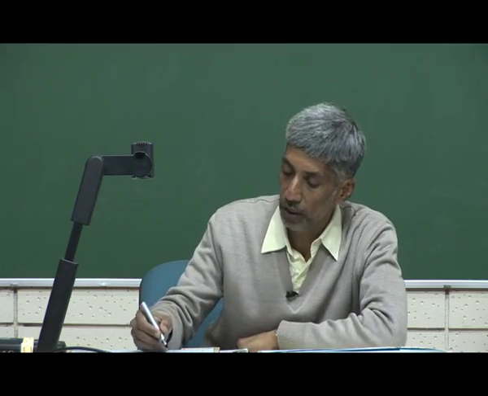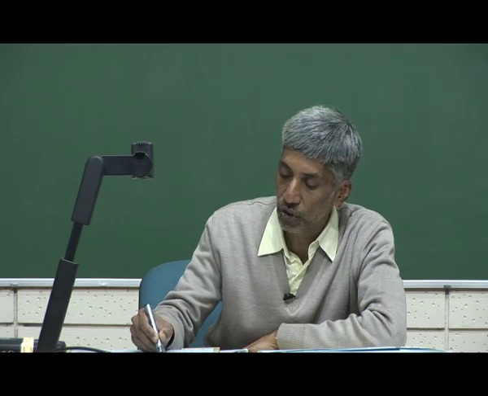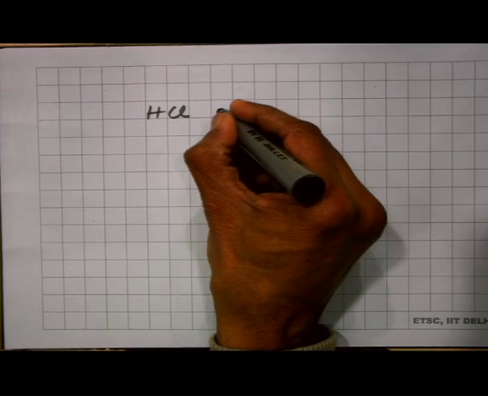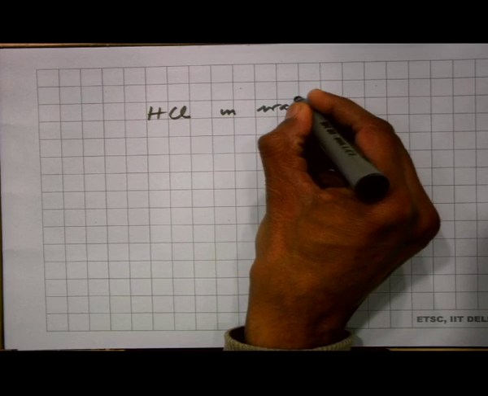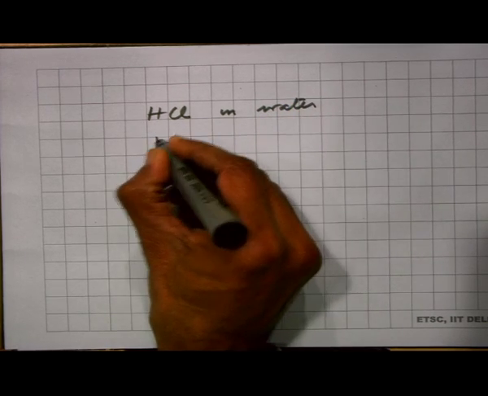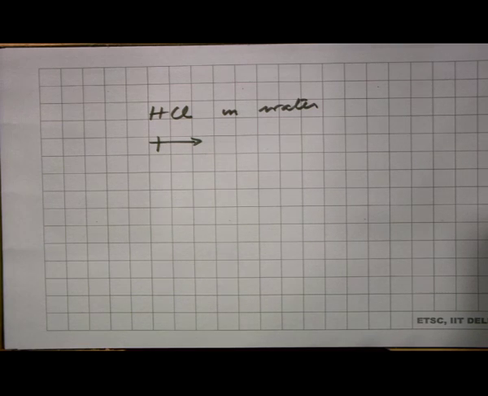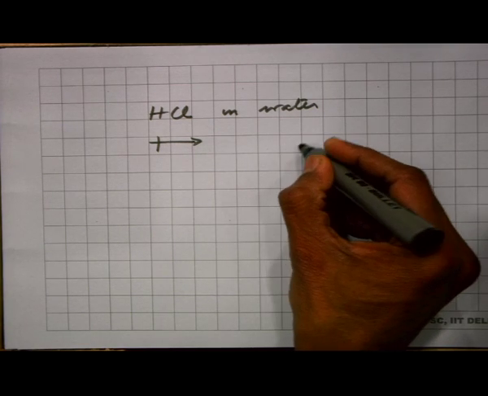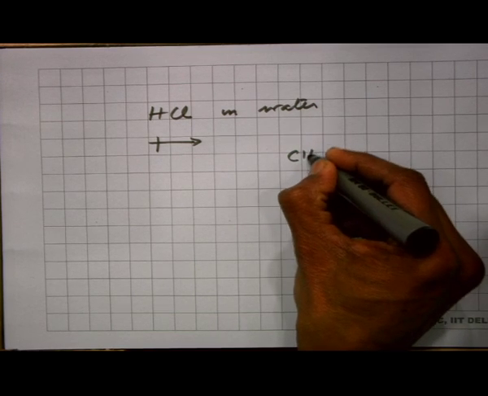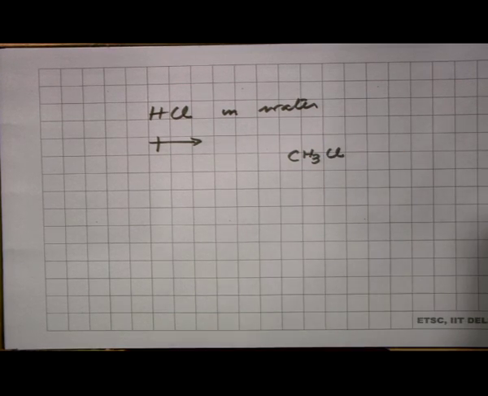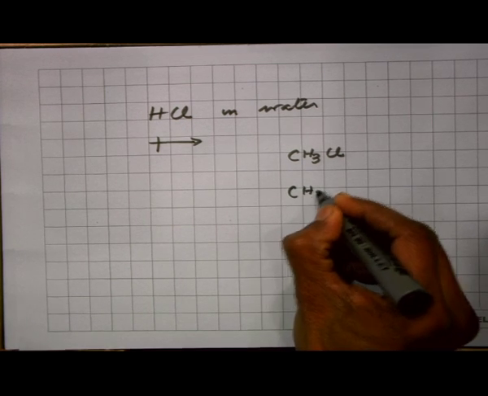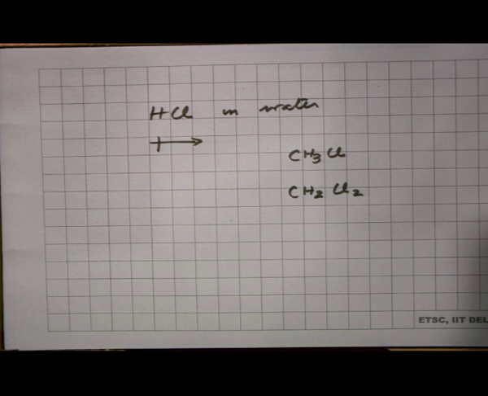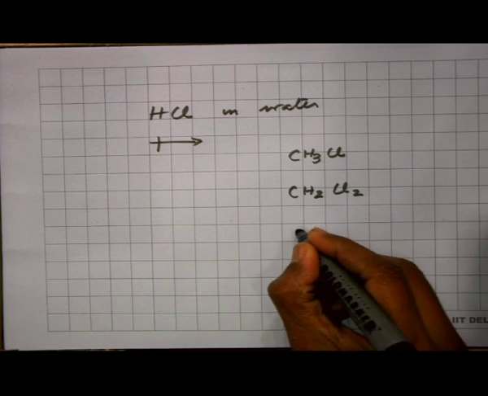So, if you took, for example, HCl in water, then you have a dipole oriented like this. Or you take, for example, CH3Cl or CH2Cl2 and CHCl3.